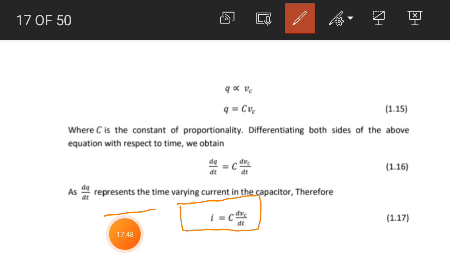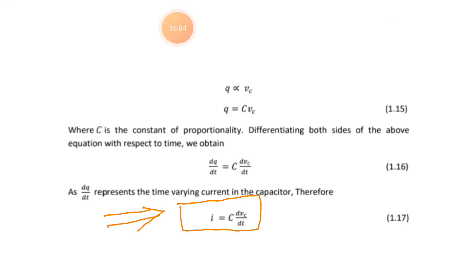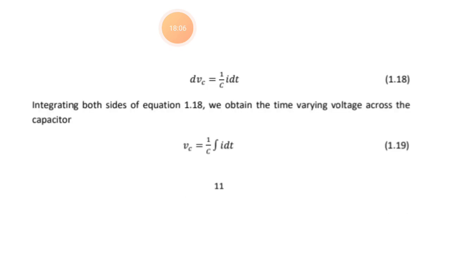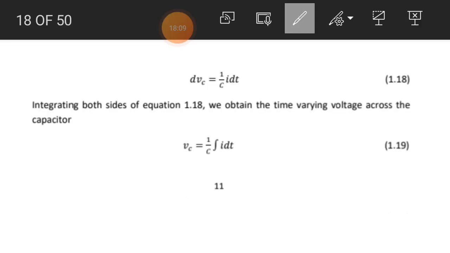We can write equation number 17 in terms of equation number 18. dVC represents the differential voltage.